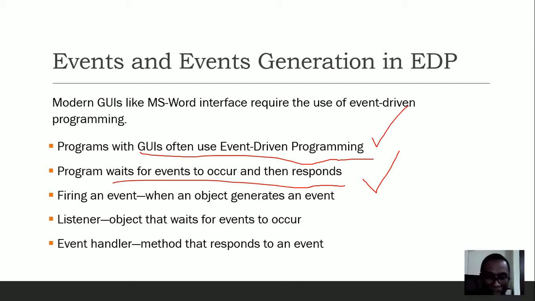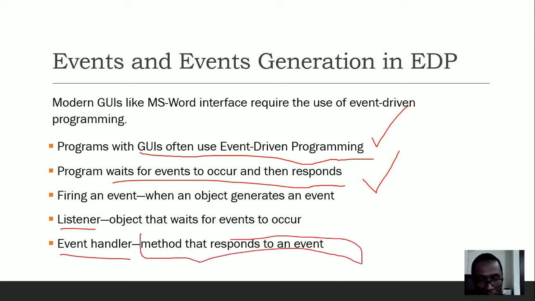Once it has happened, some method is executed, meaning that some response is given to the person who has utilized this resource or this computer. So we have a listener and an event handler. This event handler is nothing but a method that responds to an event, or it can be a function.